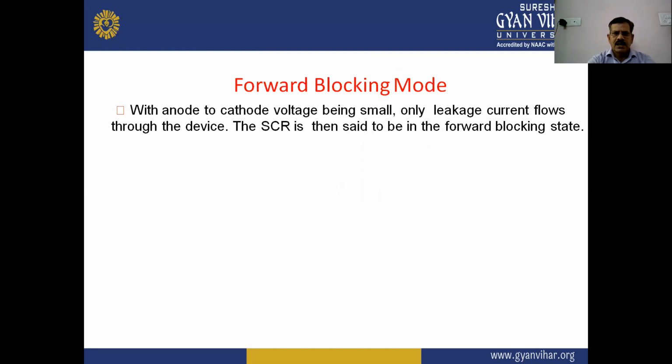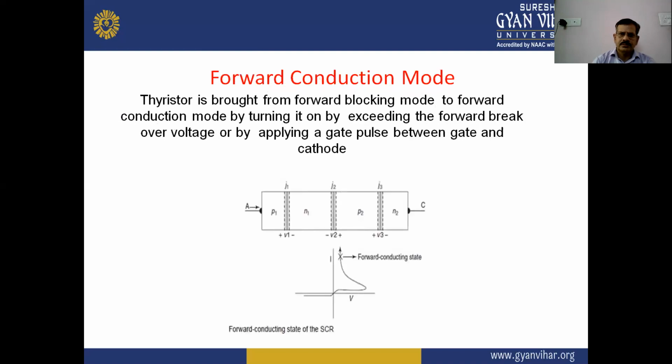The SCR is then said to be in the forward blocking state. In forward conduction mode, the thyristor is brought from forward blocking mode to forward conduction mode by turning it on, either by exceeding the forward break over voltage or by applying a gate pulse between gate and cathode. So these are the two techniques to turn on the thyristor.